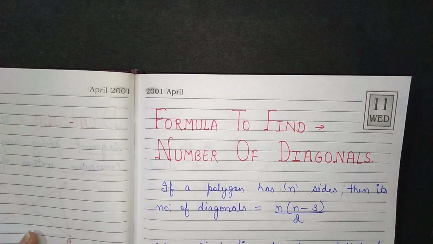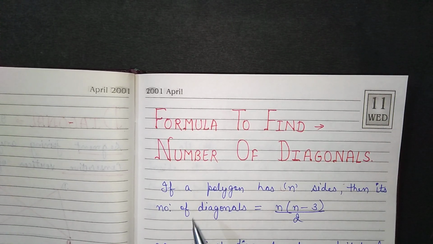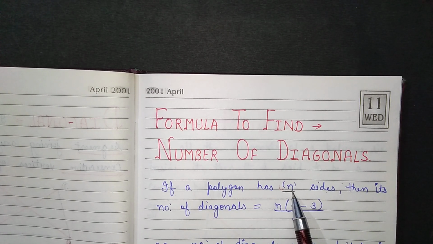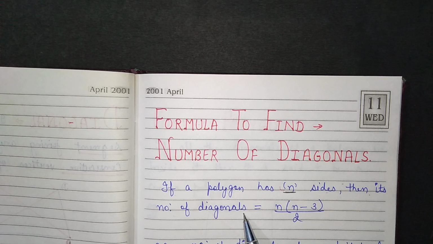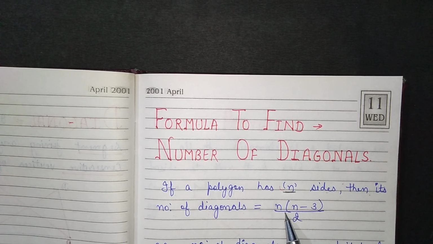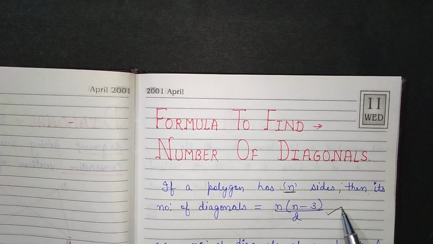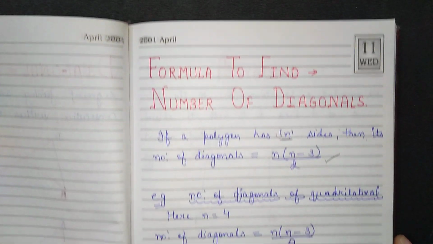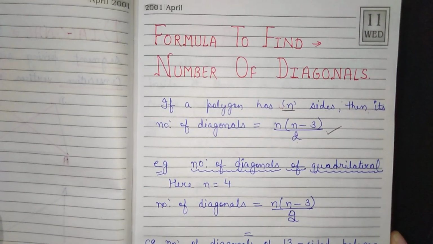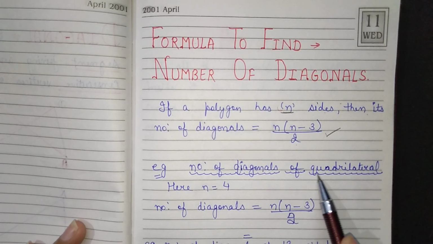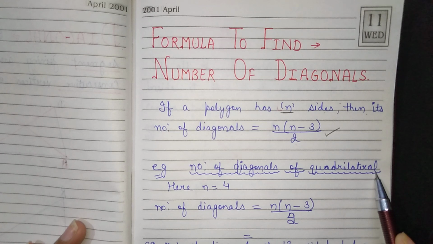The formula to find the number of diagonals is, if a polygon has n sides, any number of sides, then its number of diagonals will be equal to n into n minus 3 over 2. This is the formula. Now let us check. Suppose I want to count the number of diagonals in a quadrilateral using the formula. A quadrilateral has how many sides? 4 sides.